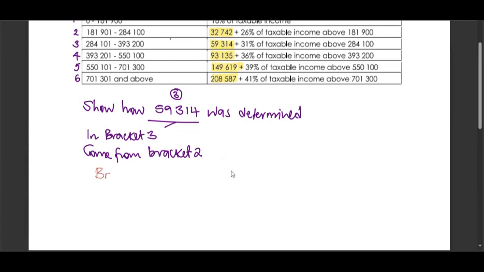and you write down the equation for bracket number 2. So here the equation for bracket number 2 is this much. This is what we are looking at. So we shall write 32,742 plus the 26%. We shall write it like this.